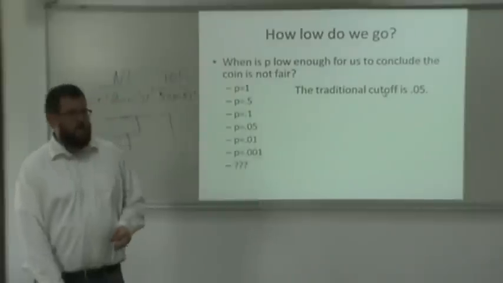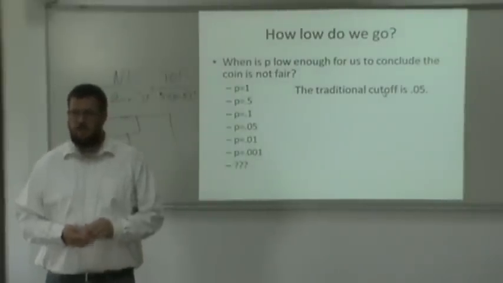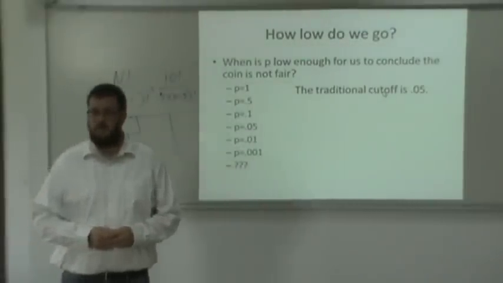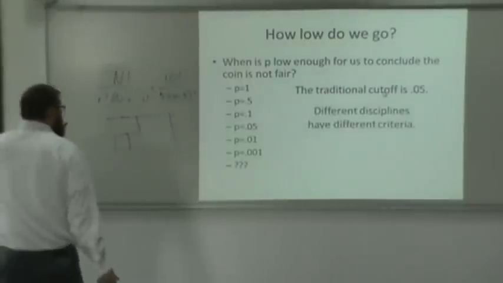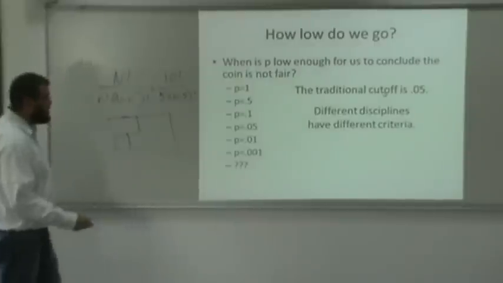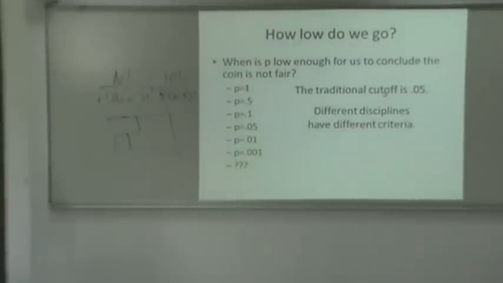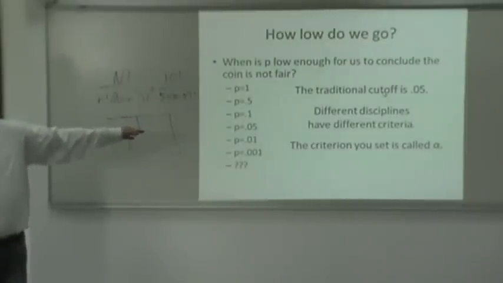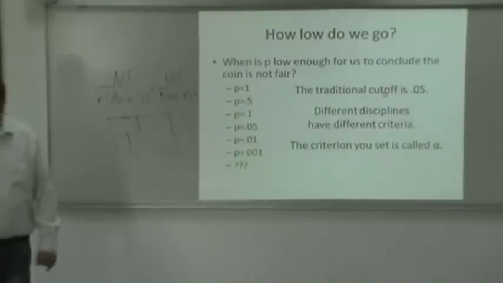This would mean that after 10 flips, if we observe 10 heads, that is beneath 0.05. Different disciplines, as I mentioned, have different criteria for their cutoff. The cutoff that you set is called alpha.